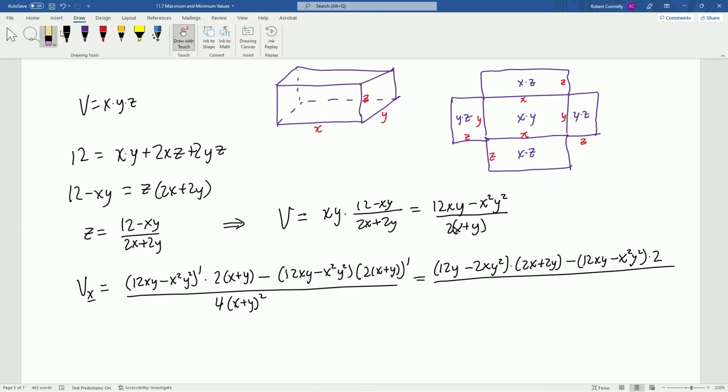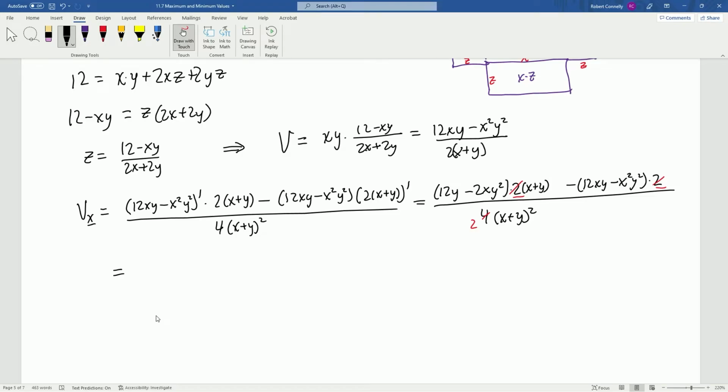Actually, instead of writing this as 2x plus 2y, I'm going to leave that 2 factored out. And in the denominator here, I've got 4 times x plus y squared. So if we imagine factoring this 2 out of these 2 terms, we could cancel that factor with this here. So I'm going to skip that a little bit, but that makes it a little easier to multiply this stuff, a little less messy.